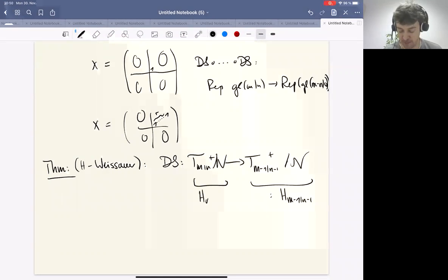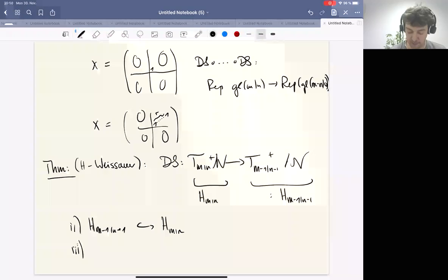And here's HMN. Then part 2 of the theorem is that this HM minus 1, N minus 1 is a subgroup of this HMN. And furthermore, HMN is reductive.